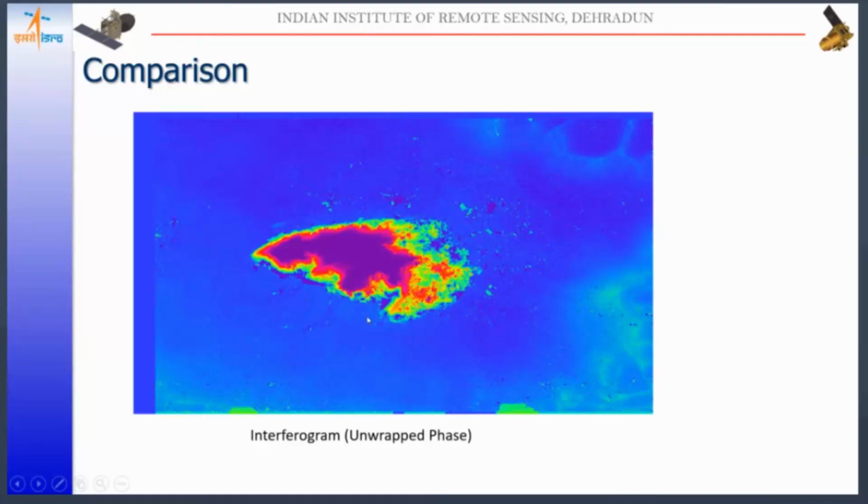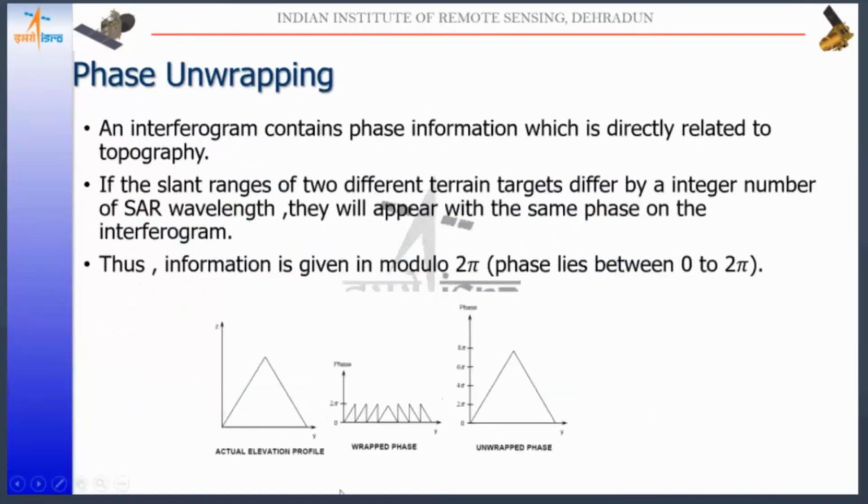So that is called the unwrapped phase interferogram.